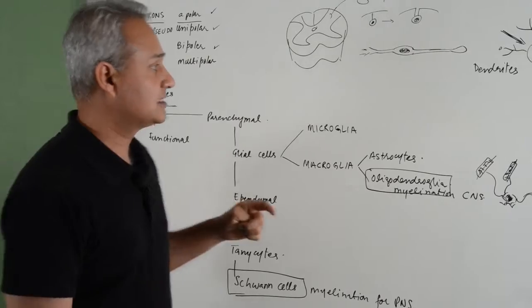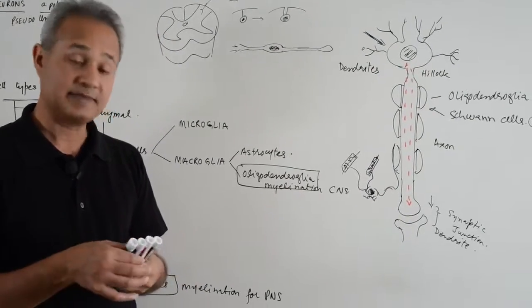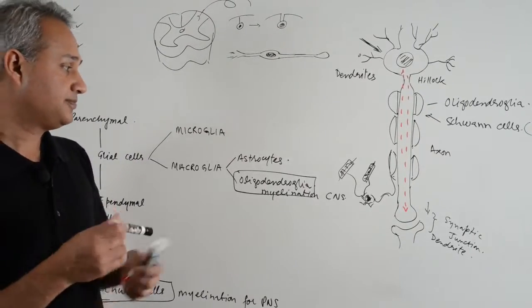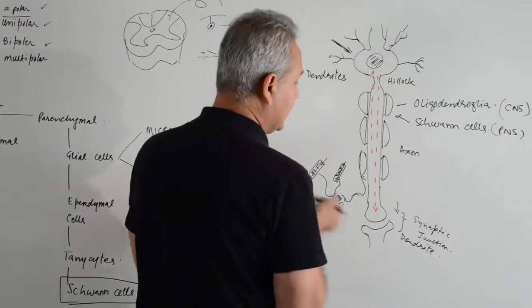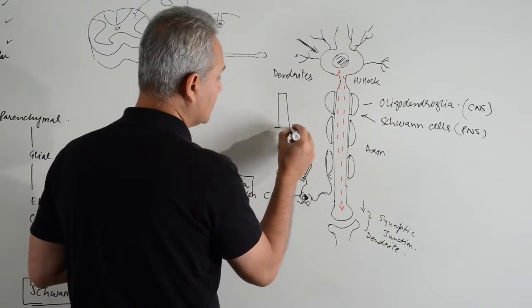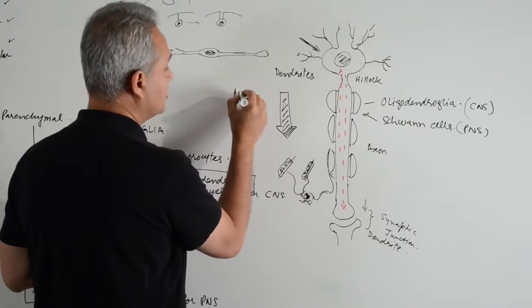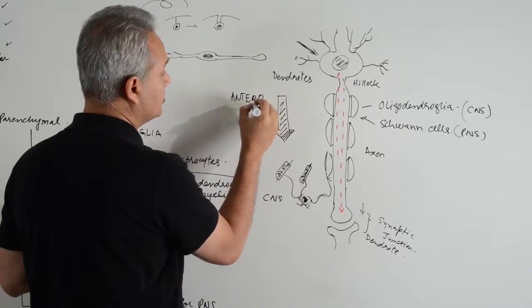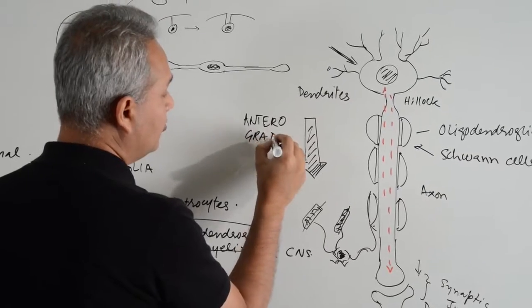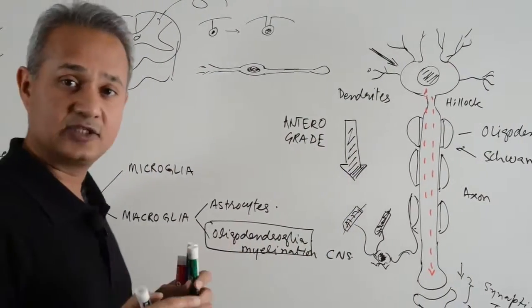Now a few things here that you should know from the steps point of view. Number one, the anterograde movement. Anterograde movement of substances is of two types, fast and slow.